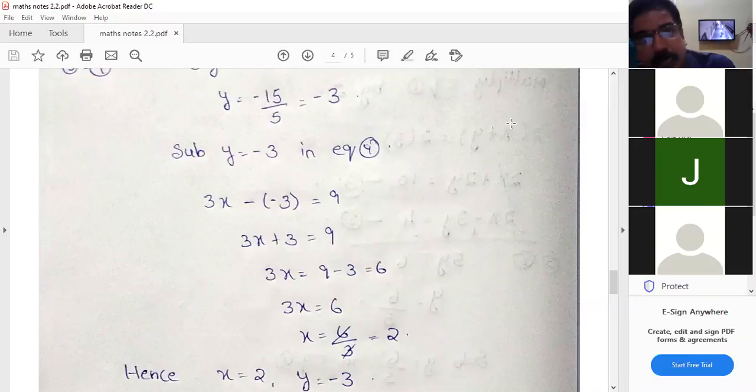Now elimination: our motto is to eliminate any one of the variables. For that we have to make the variables equal by multiplying the equations.